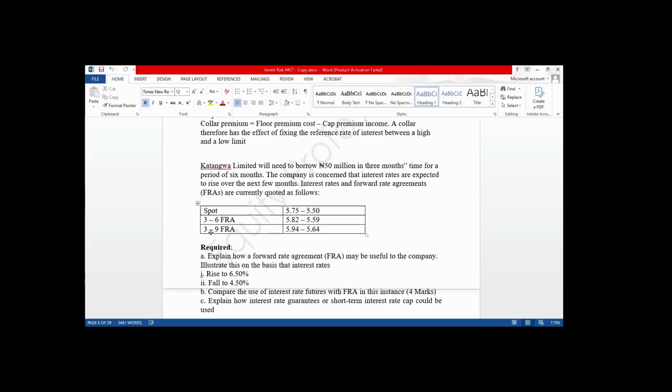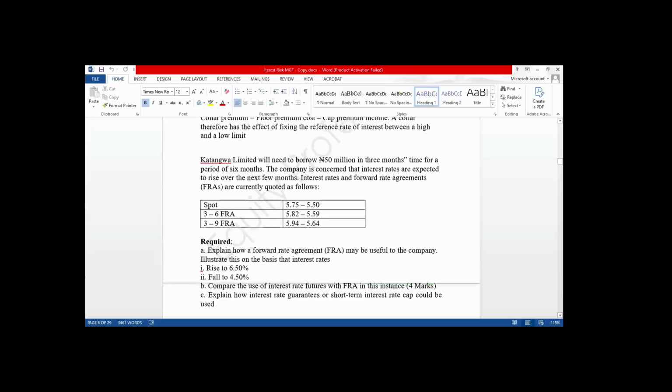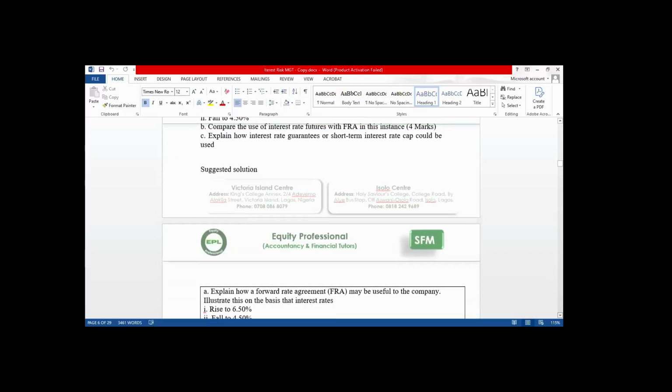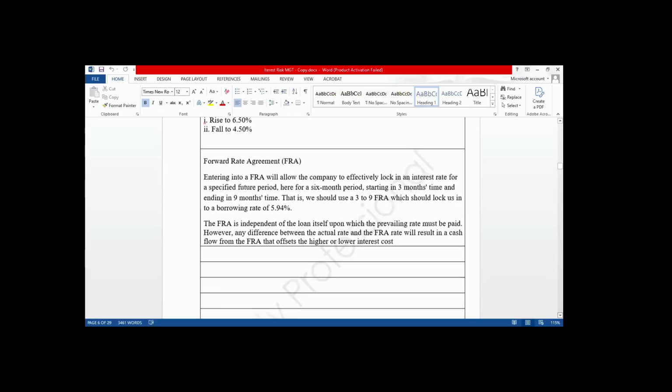Okay. So I can assume that the explanation is clear. Now let's go to the explanation. Look at what you are expected to write first. Entry into FRA. That is entry into a forward rate agreement.